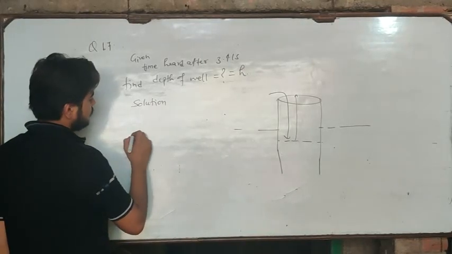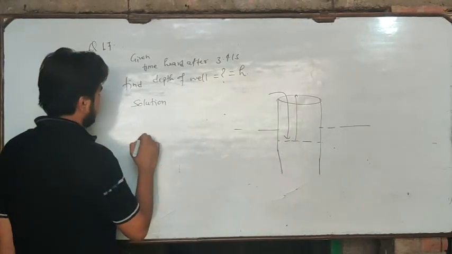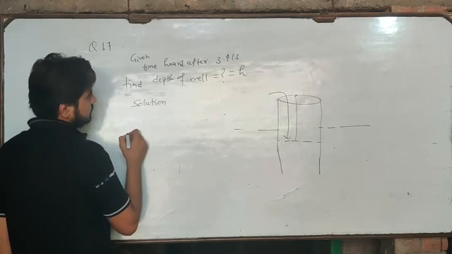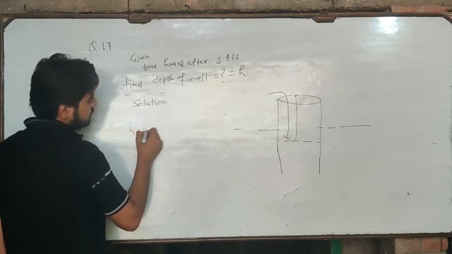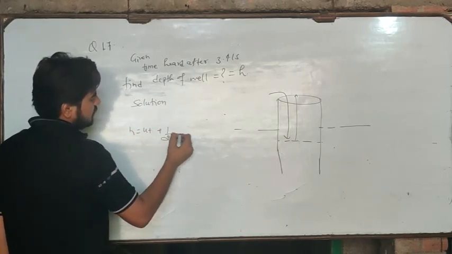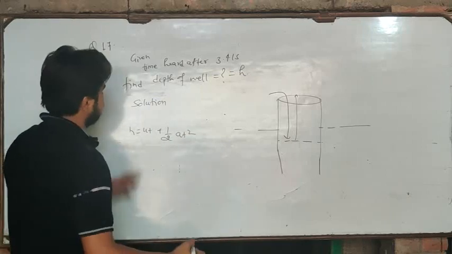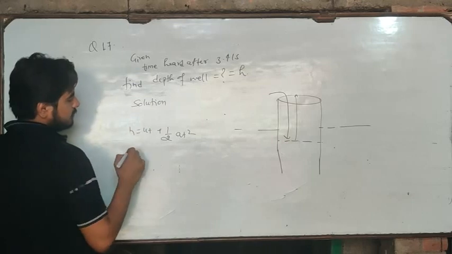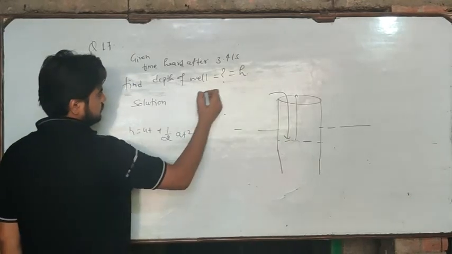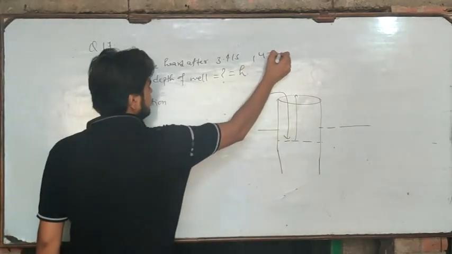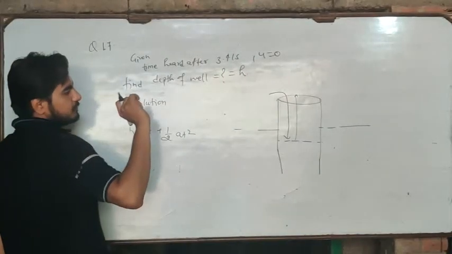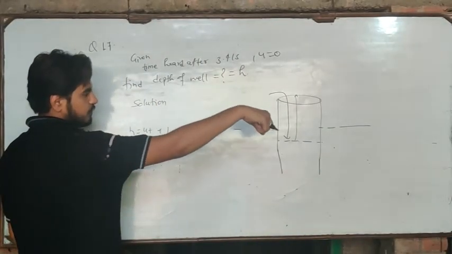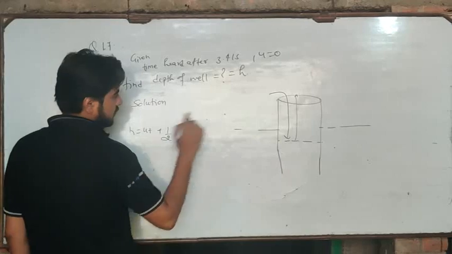So we will use the equation h is equal to ut plus half at square. U is the initial velocity, and u is equal to 0 because we drop a stone into the well.